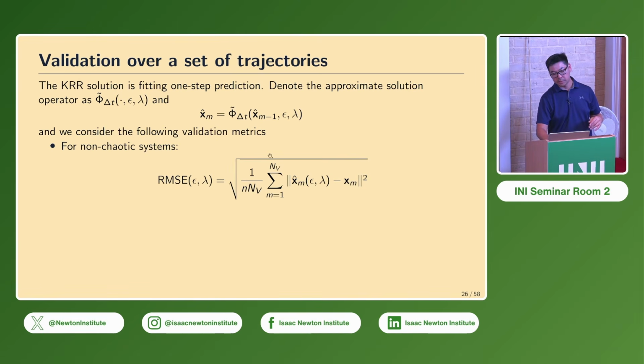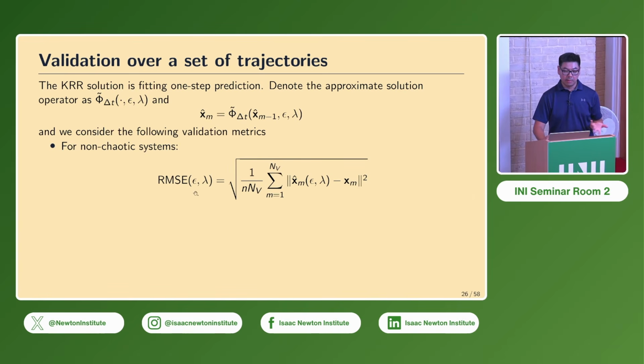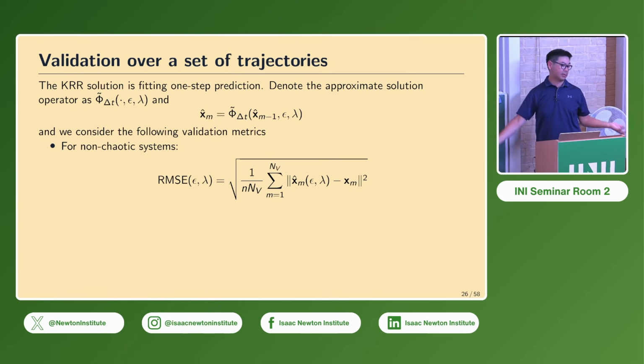I denote by NV the length of the validation data. You just do that, and then you pick the epsilon and delta that give you the smallest error. That's one way. Why is this natural? Because at the end of the day, when you're doing the practice, this is what you want to measure: how good is my prediction over a very long horizon?